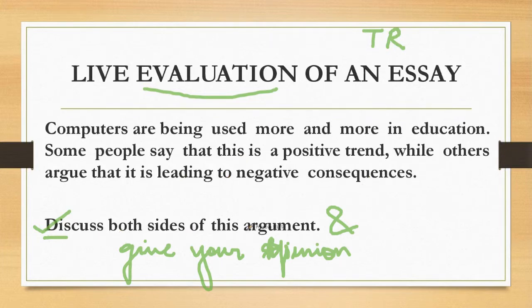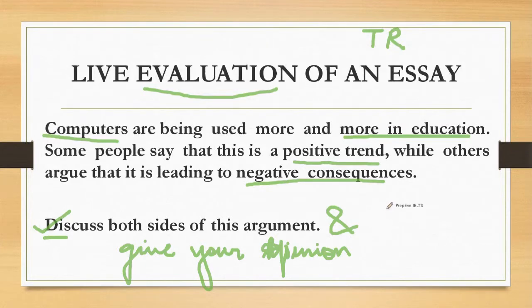Discuss both sides of this argument. This is the first time you read it. Second time when you read it, you have to underline the keywords along with reading it. So you'll say computers are being used more and more in education. Some people say that it is a positive trend. Others think that it's leading to negative consequences. So we have also underlined the keywords.